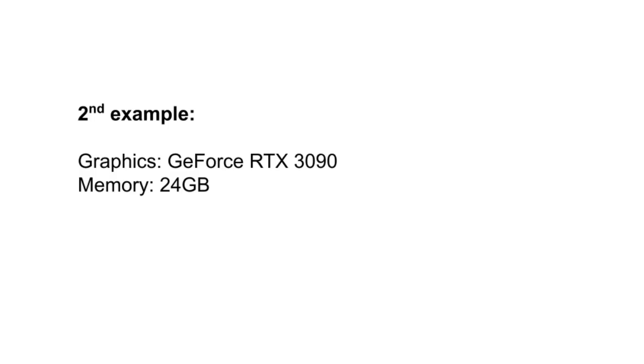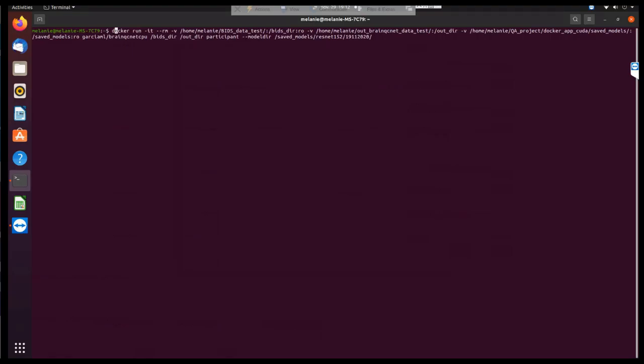The second machine we will use is a GeForce RTX 3090 with 24 GB, so much more powerful than the first one. We already have the image installed on it, and we just adapt the correct paths to the volumes and the correct image name before launching the command.